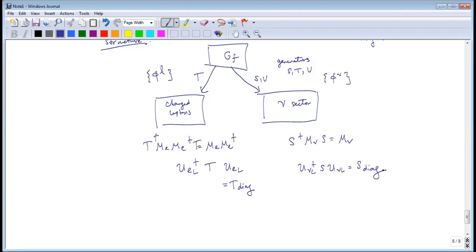So you see the preserved subgroups, which are generated by the generators that are preserved, completely dictate the structure of the matrices U_nuL and U_EL, and therefore the structure of the PMNS matrix independent of the mass eigenvalues.